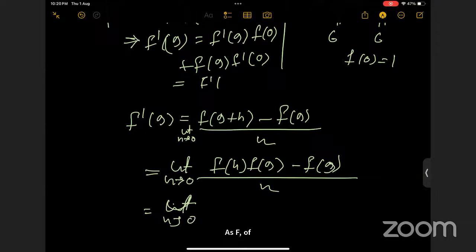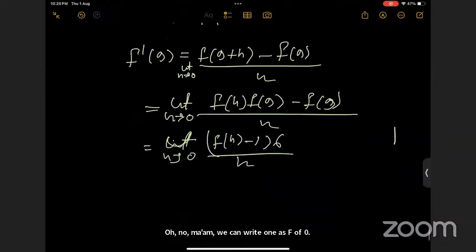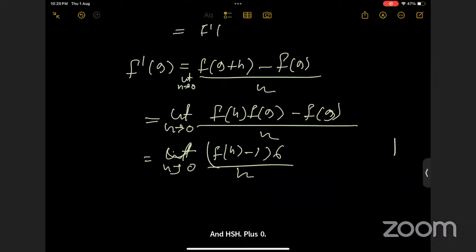So we have f of 9 equals 6. Wait. Let's follow. What is this? This is what you mean, right? Now, ma'am, we can write 1 as f of 0 and h as h plus 0. f of h plus 0 minus f of 0.